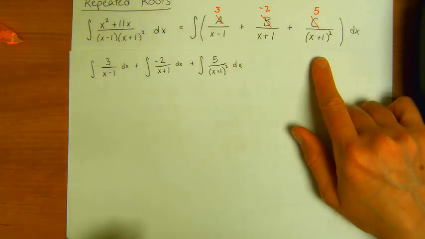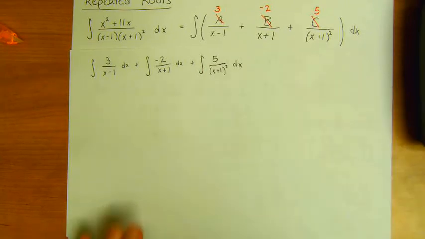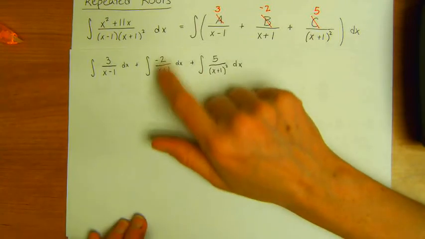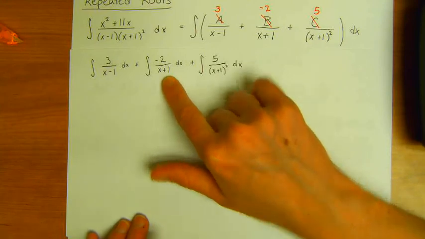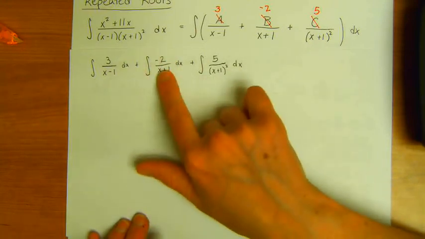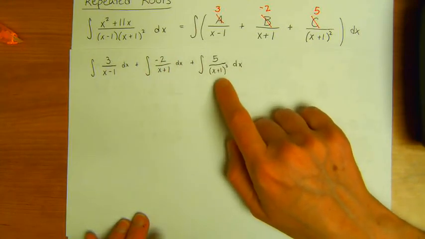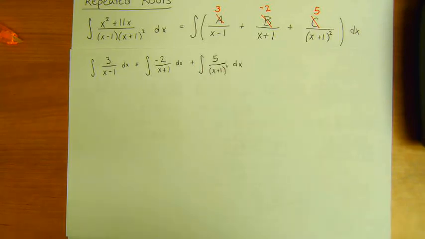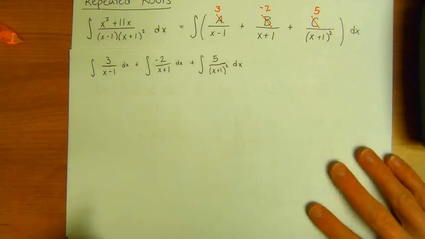But notice, unlike before, 1 over x, we can use natural log to integrate. This is a slightly different form, and it's not actually natural log of x or natural log of x squared. So this is something to be careful about when doing these repeated roots.